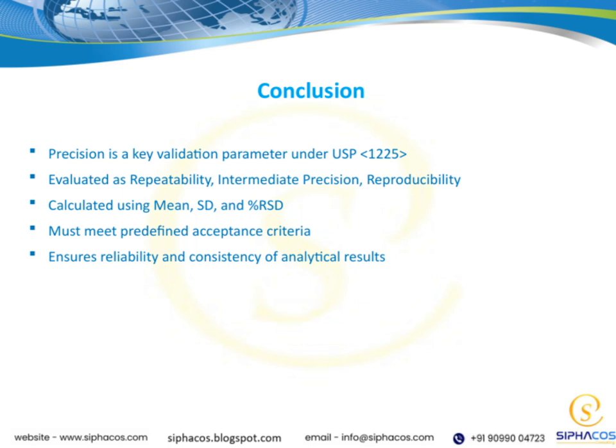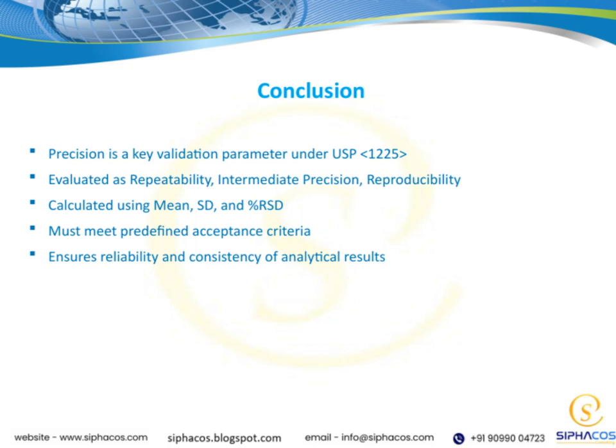As repeatability, which looks at consistency within a single run; intermediate precision, which considers variations within the same lab but at different times; and reproducibility, which checks how well the method performs across different labs. To quantify precision, we use statistical measures like the mean, standard deviation, and the percentage RSD, or relative standard deviation. These help us understand the variability and reliability of our data.